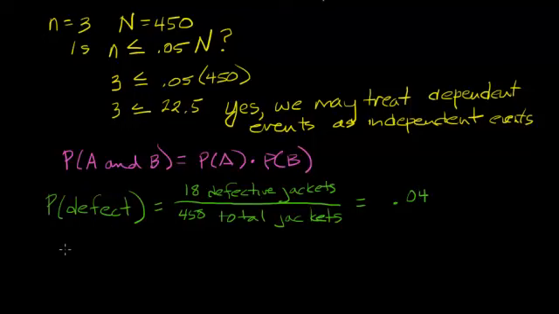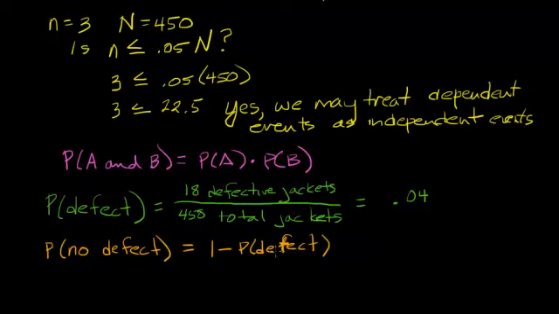Okay. Well, the probability then of no defect, that you reach in, you pull out a jacket, it's not defective, is easily computed because that'd be 1 minus the probability of a defect, because those are our only 2 choices, right? Either a jacket is defective or it's not defective.